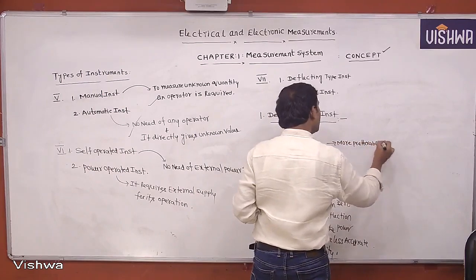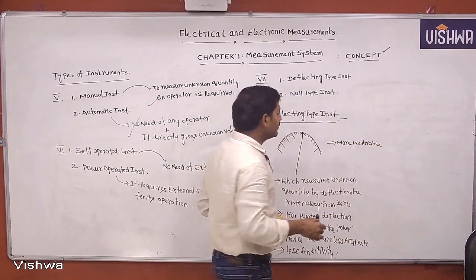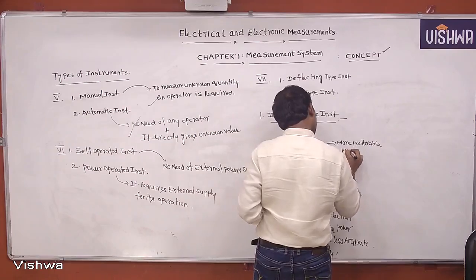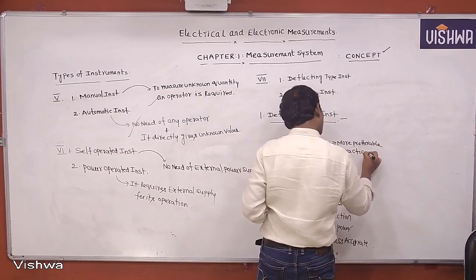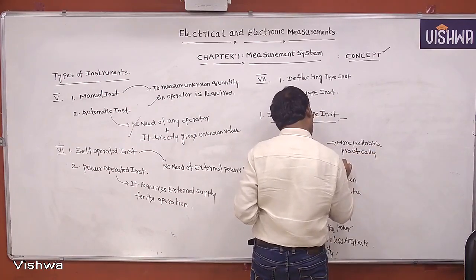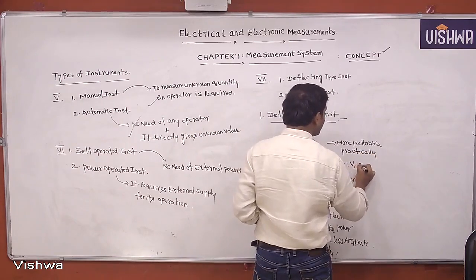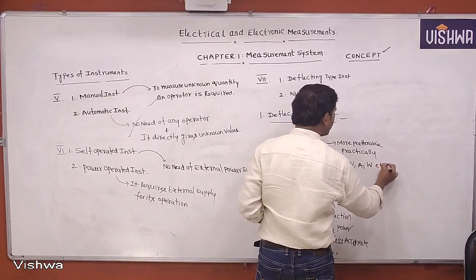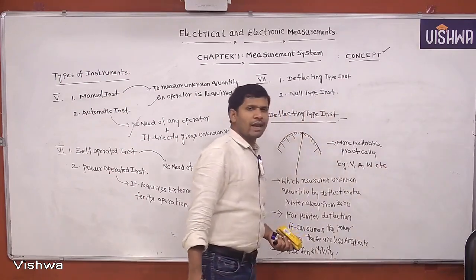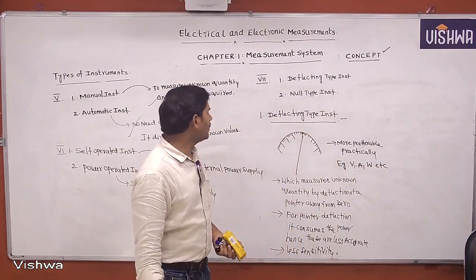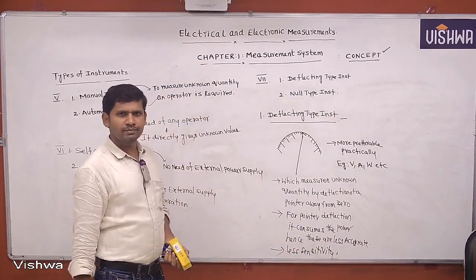Deflection of a pointer directly gives the reading. Then what are the examples of deflecting type instruments? The examples are voltmeter, ammeter, wattmeter, etc. Whatever instruments we use in the laboratory, all these are deflecting type instruments.